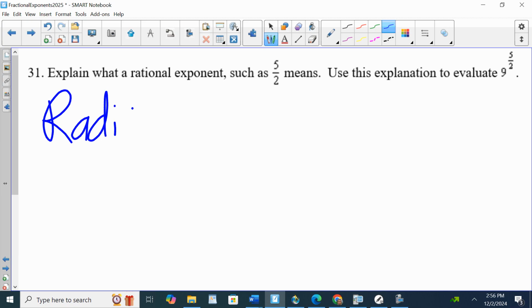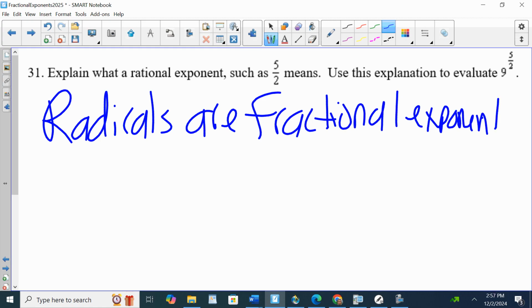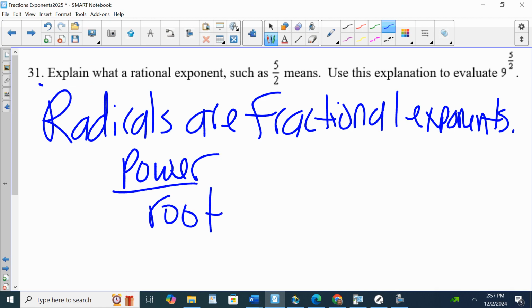Radicals are fractional exponents, and the exponent is always the power over the root. Whenever it says to explain anything talking about fractional or rational exponents, rational exponent is just another phrase for a fractional exponent. Radicals are fractional exponents, power over the root.